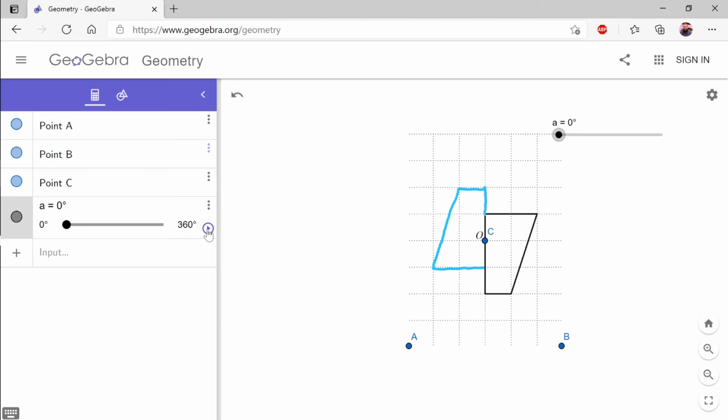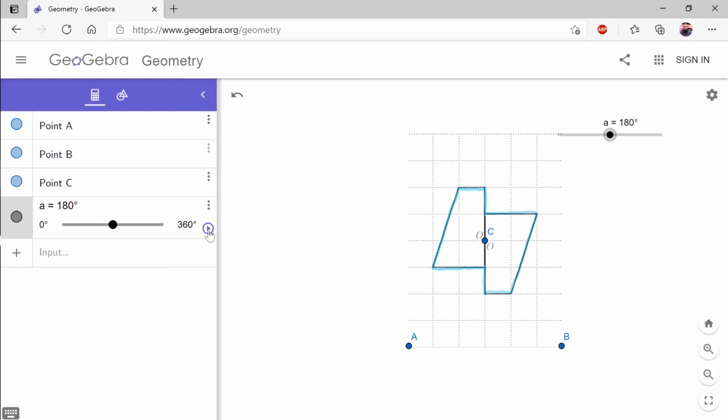And the thing that we have to note over here is how many times the image or the figure takes its original shape during this 360-degree rotation. Now, as you can see, the object is rotating, and at around 180 degrees, the object has taken its original shape.